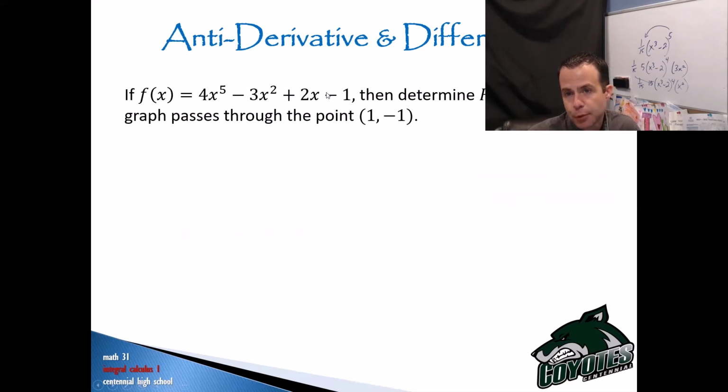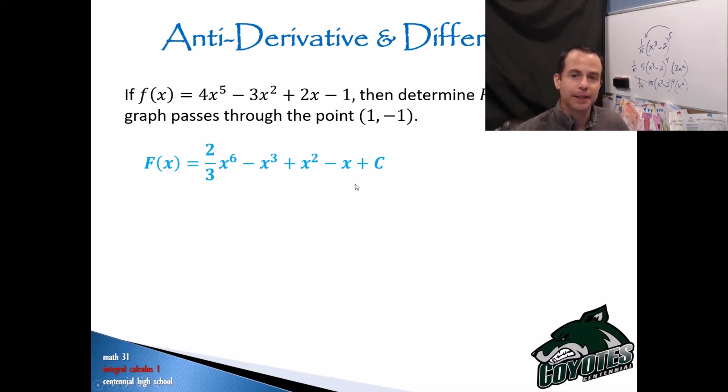This moves up to a 2, and 2 over 2 is 1. Then this will be negative 1x and plus c. Just to make sure you're all with me: 2 over 3 x to the 6 minus x cubed plus x squared minus x plus c.